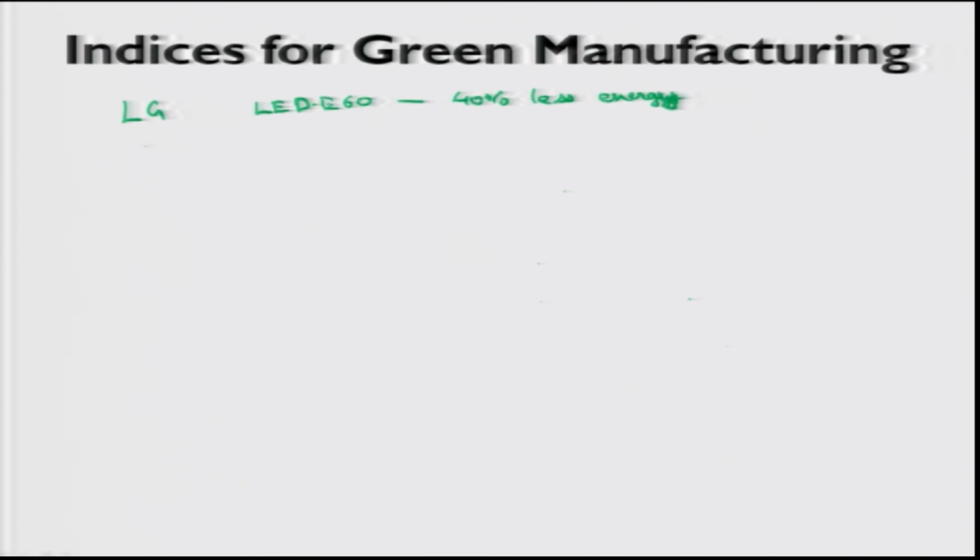Similarly, Samsung has also produced an LED TV, which also has 40% less energy, and they have also shown their commitment towards green manufacturing by eliminating lead and mercury from it.